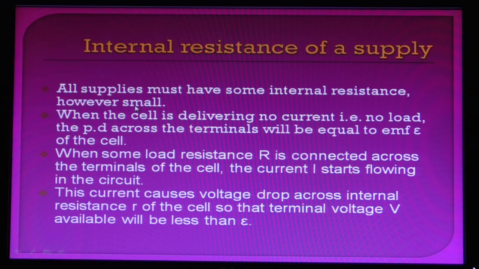Students, while dealing with the circuit diagram, even when we are having a source of current, that is the battery, there are 2 types of resistances. One is the external resistance, which is a resistance connected in the external circuit. And here we are talking about internal resistance. This is the resistance inside the cell.